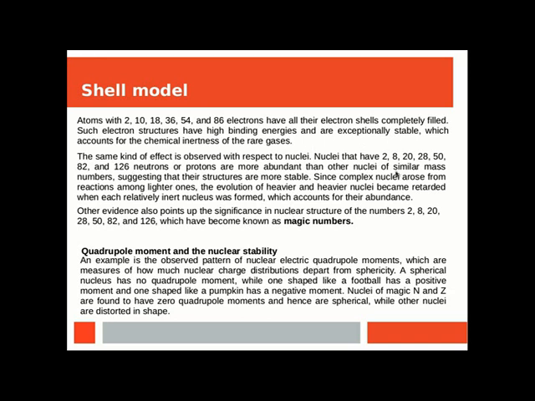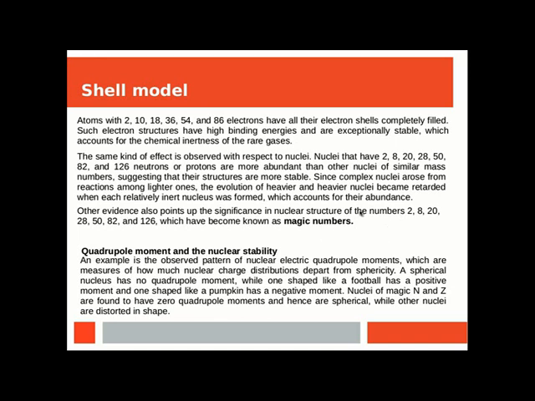If a nucleus has these numbers of nucleons present in it, the nucleus has always been seen to be stable and more abundant. These numbers are called magic numbers, because these numbers give you the idea of whether the nucleus is going to be stable or not. All other nuclei having similar masses are not as stable as the nuclei having these numbers of nucleons. So this is why these numbers are called magic numbers.